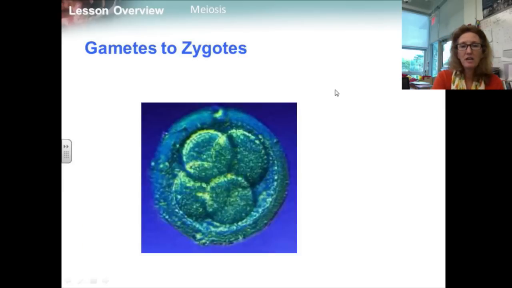So when you have the sperm, the male gamete, and the female gamete, they meet, then you have fertilization, which is the fusion of the male and female gametes. And this generates a new combination of alleles called a zygote. All right, gametes and zygotes. And then the zygote undergoes cell division, mitosis, and eventually forms a new organism.